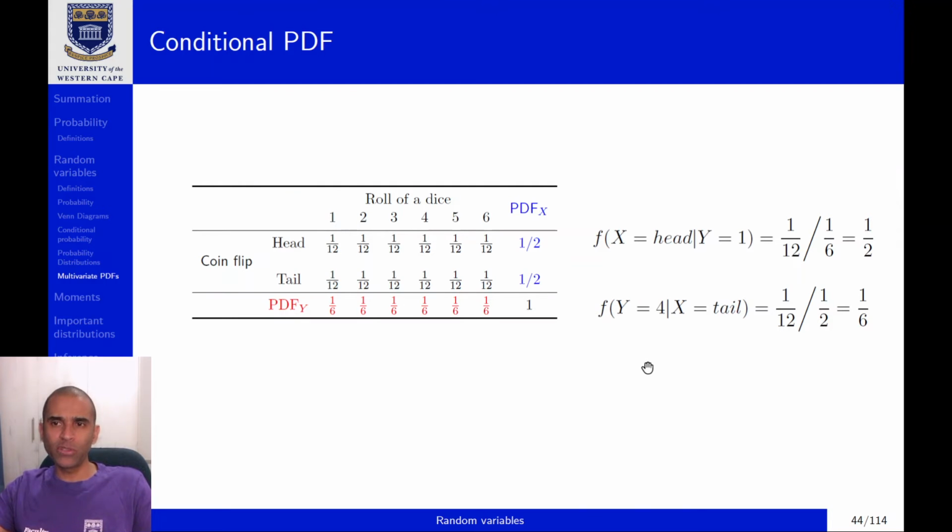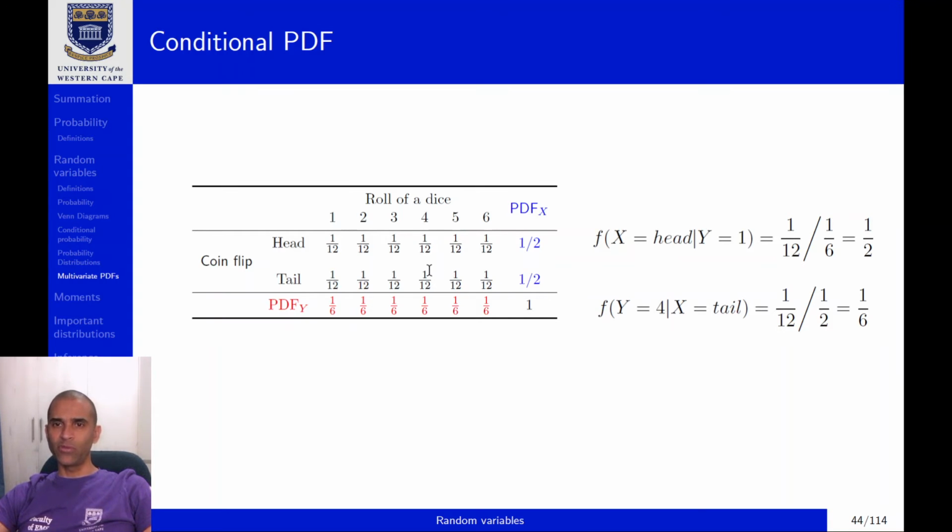So here's an application of a conditional PDF. Here we are asked, what is the conditional probability that x equals head given that y equals 1? And to find that, we find the joint distribution of x and y for y equals 1, x equals head.